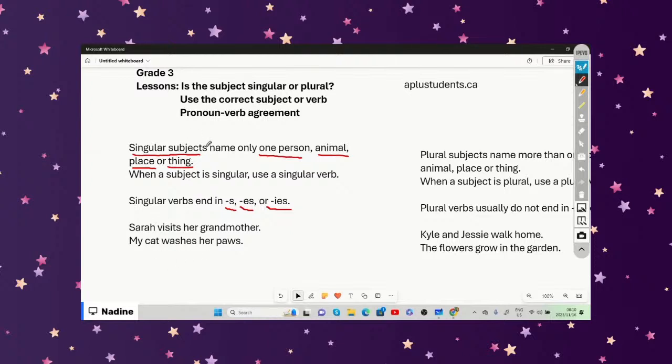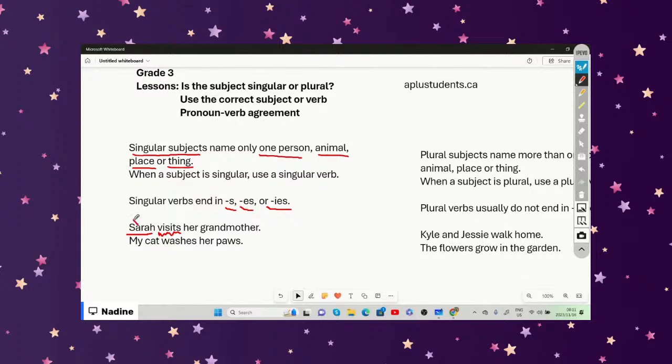If we look at an example of a singular subject, it says Sarah visits her grandmother. So our singular subject refers to Sarah, which is basically one person, and visits is the singular verb that ends in s.